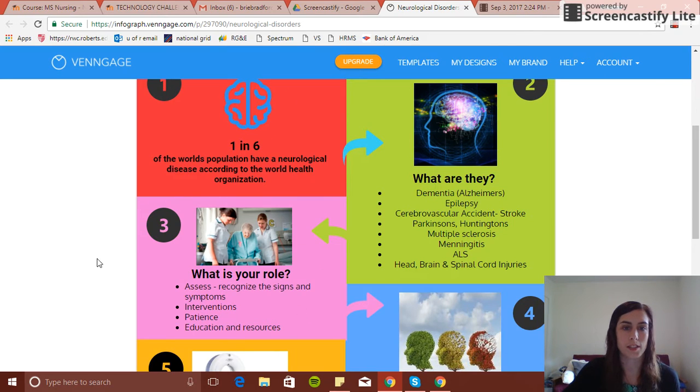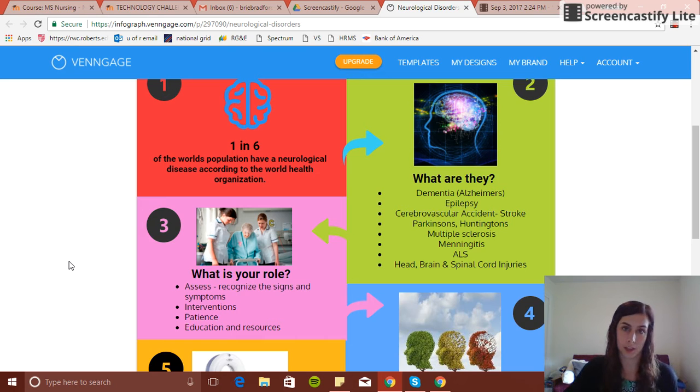What is our role as healthcare professionals? Number 3 here. As you can see in the picture, there are 2 nurses walking with a woman with a walker, and there are going to be many times that you will have a patient with a neuromuscular or just neurological disorder where they cannot function properly and complete their activities of daily living.